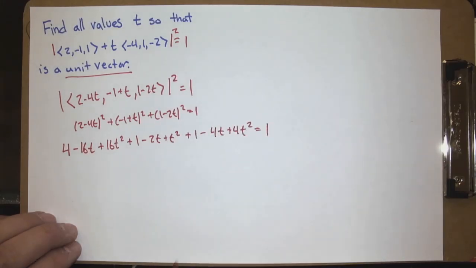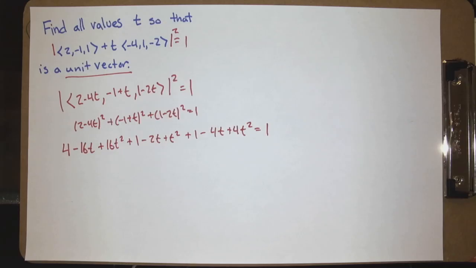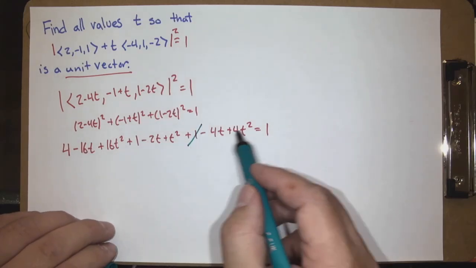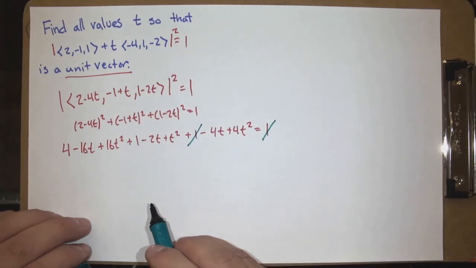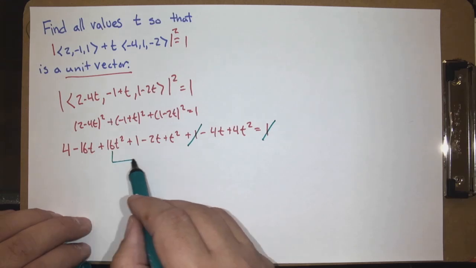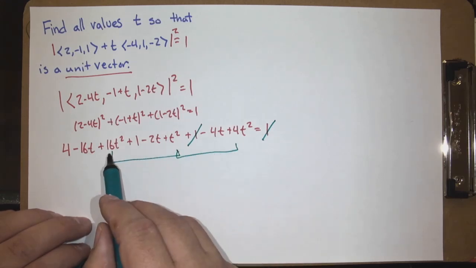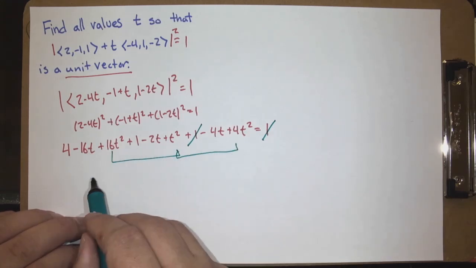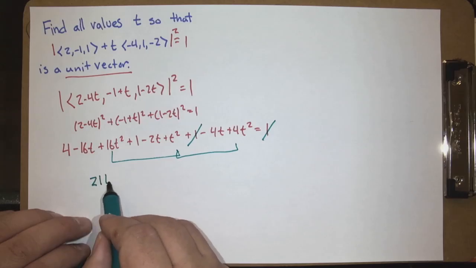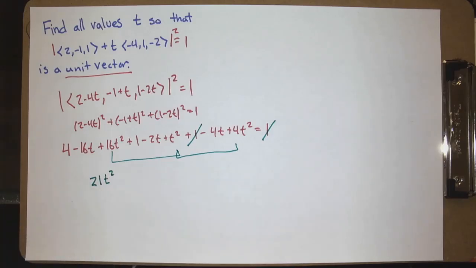If you're worried, is this the kind of algebra we put on an exam? Probably not. I don't think so. We're much nicer than we used to be. But we do things like we have some 1s. We can cancel a 1 with a 1 on the other side. The t squareds, well, we have a 16t squared, a t squared, and a 4t squared. Combined, they are 21t squared.